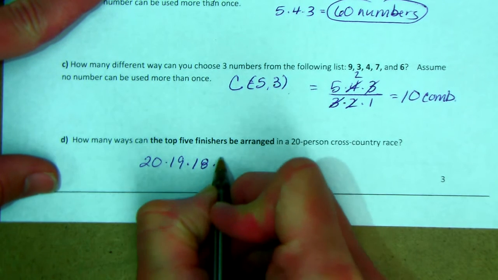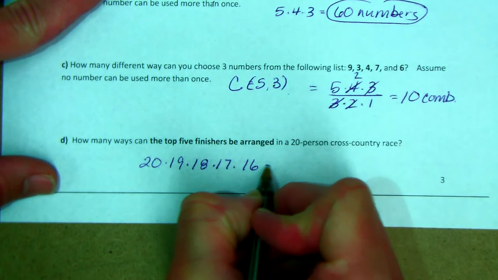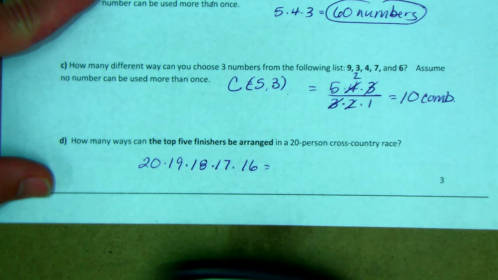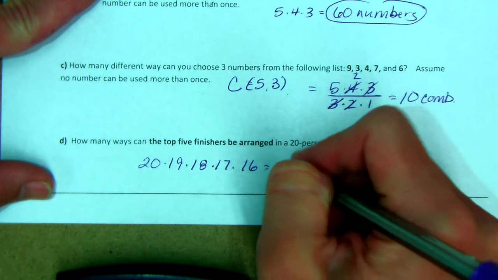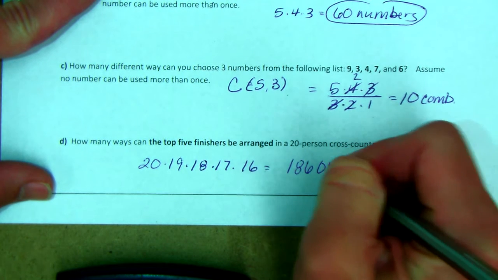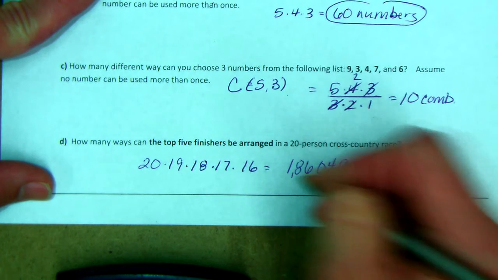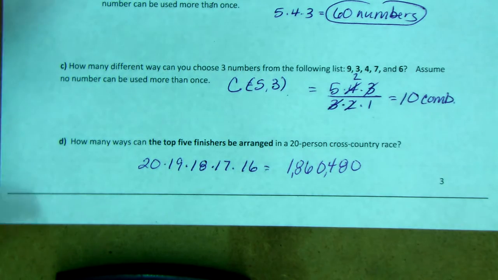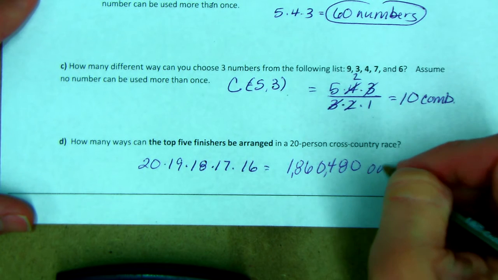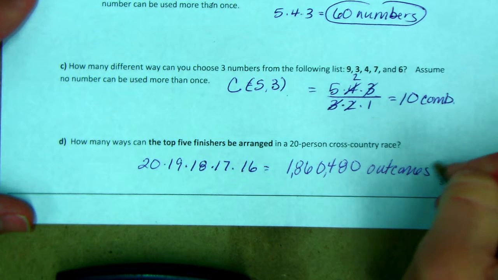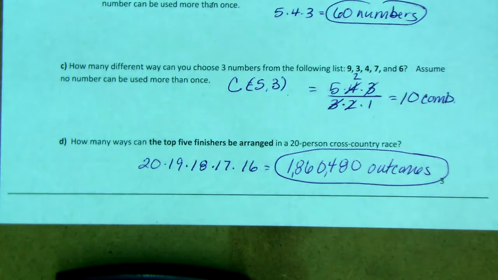Let me get that. 20 times 19, 18, 17, 16. So 1,860,480 outcomes or results, or however you want to label that. That's a lot.